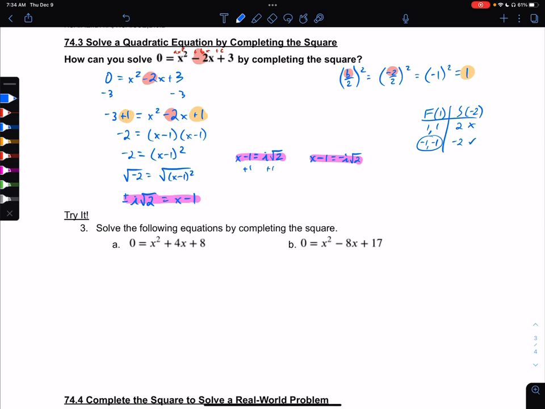You can't combine those because they're unlike terms, so we're just going to write them next to each other. So this would be x is equal to 1 plus i radical 2. And here, again, add 1, unlike terms, so x is equal to 1 minus i radical 2. And those are our solutions.